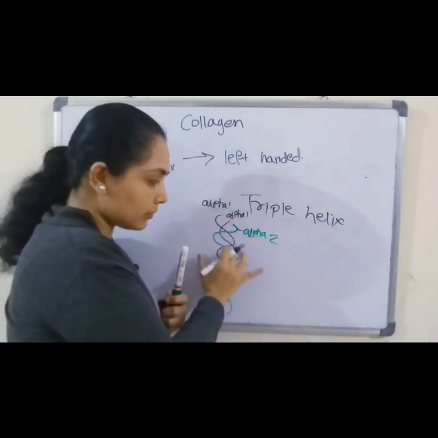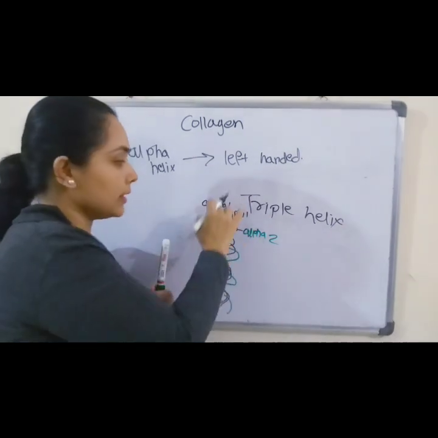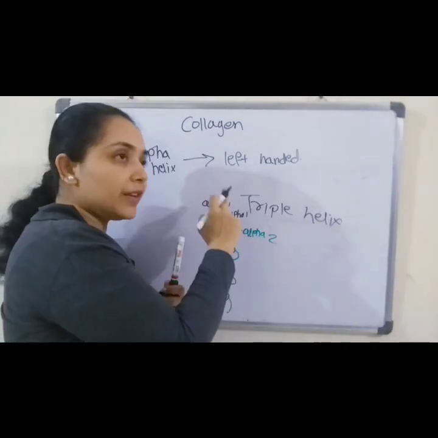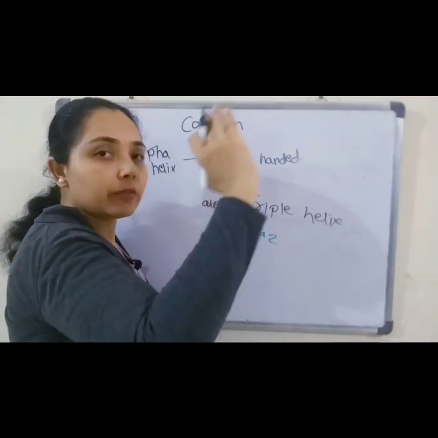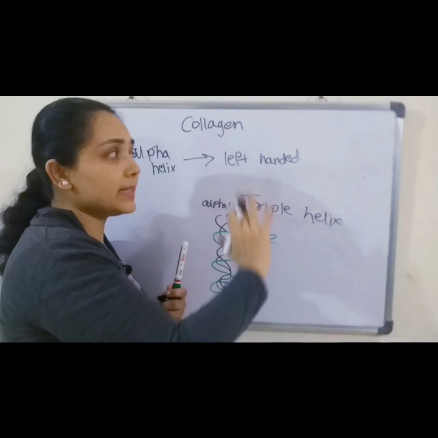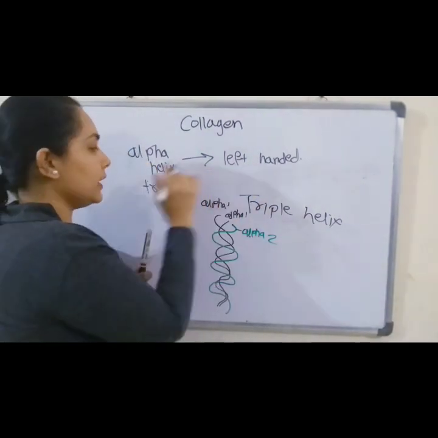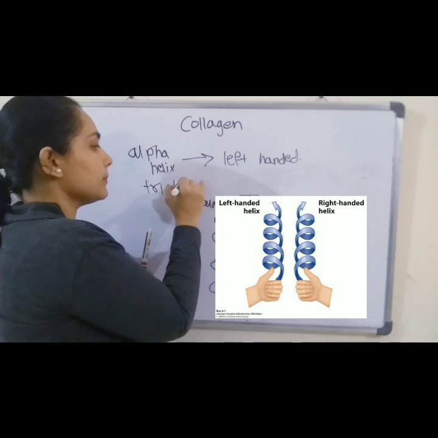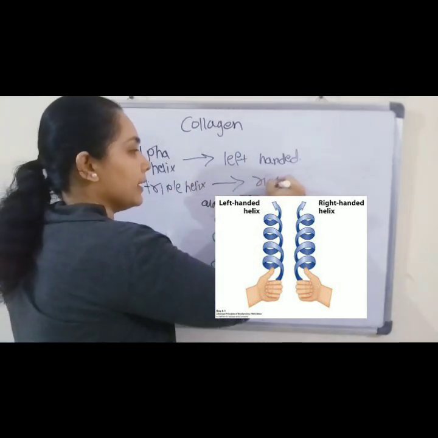So this triple helix is right-handed, meaning the three left-handed polypeptide chains overlap one another and we get the super helix, or this triple helix, and this triple helix is right-handed. So the individual alpha chain is left-handed and this triple helix is right-handed.